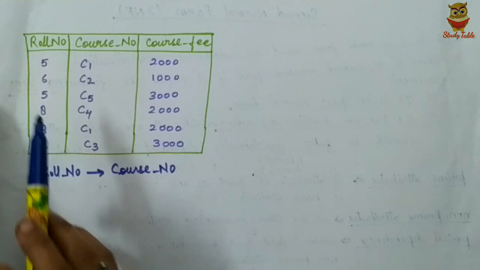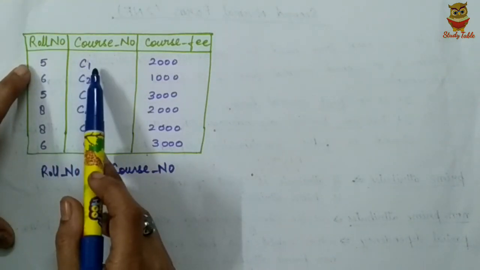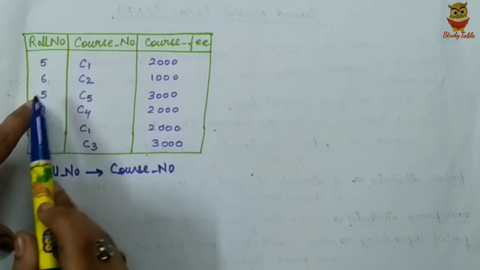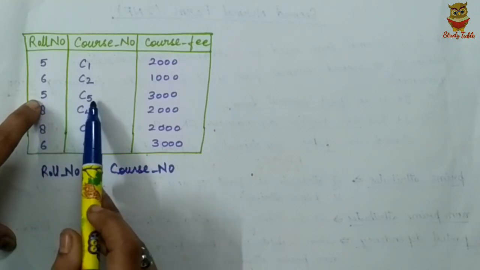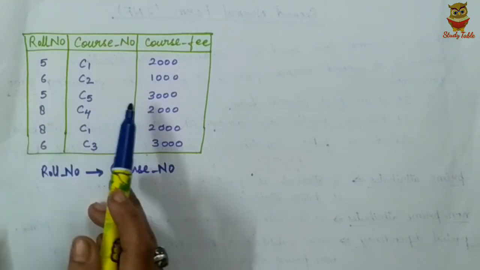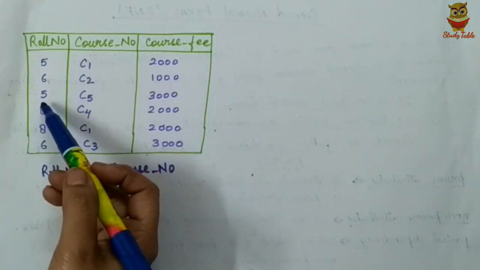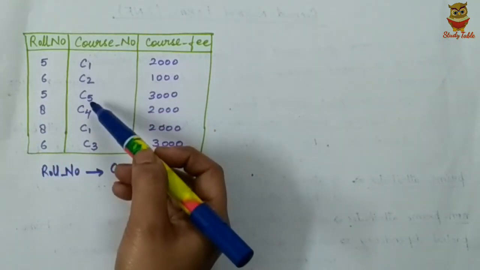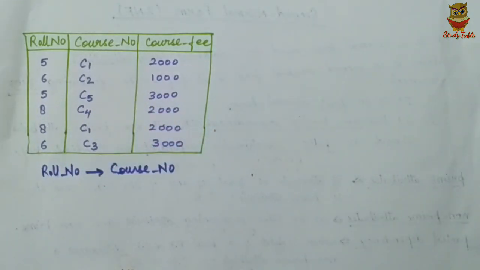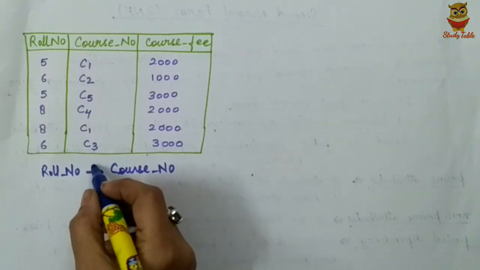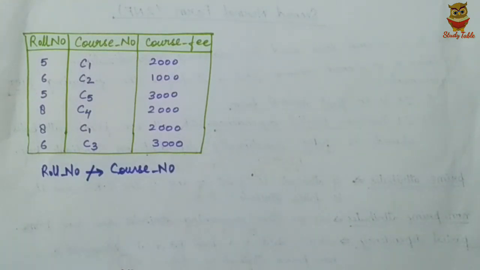Let's see. For roll number 5, the course value is C1. For the other row, I am getting C5. So if I ask which course roll number 5 is doing, I am getting two different values, C1 and C5. So for roll number 5, two different values means it is not uniquely identifying. Thus, this FD does not work.